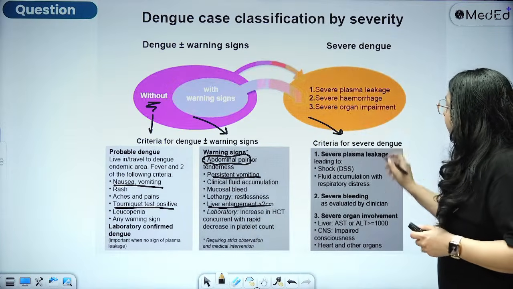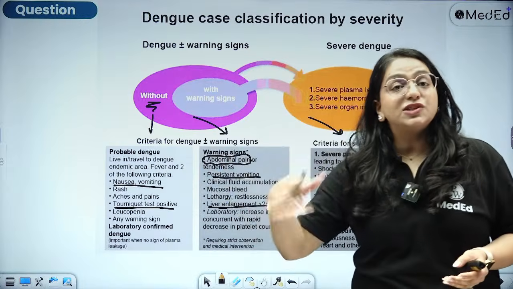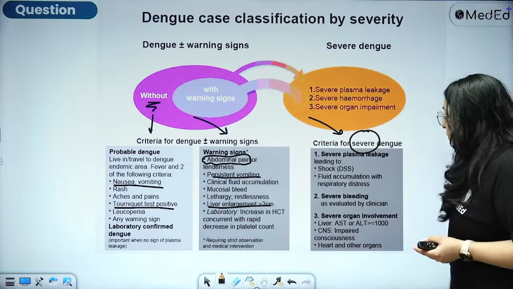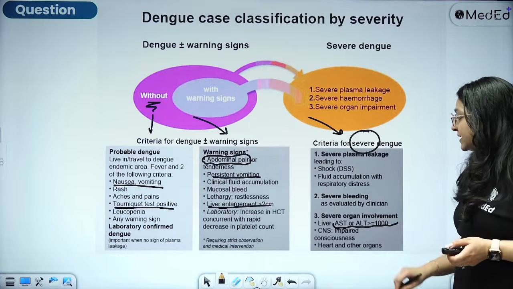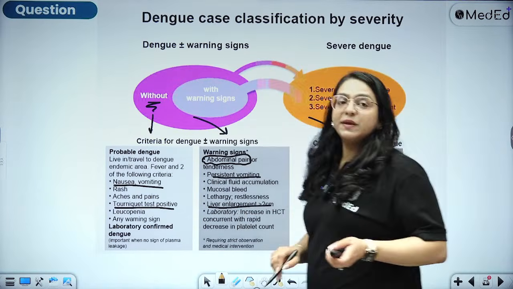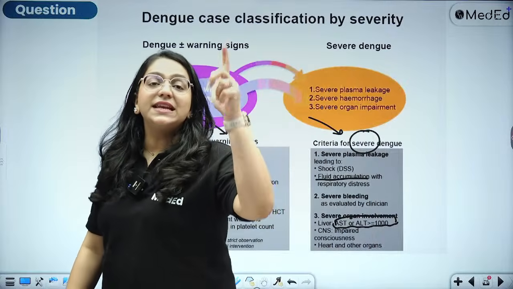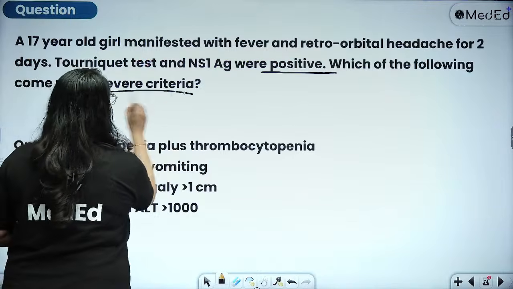What is severe dengue? Severe dengue is dengue shock syndrome. There should be plasma leakage and organ involvement. So when you see deranged liver profile, impaired consciousness, severe bleeding, fluid accumulation and respiratory distress, then you talk about severe. So they are asking about severe criteria.